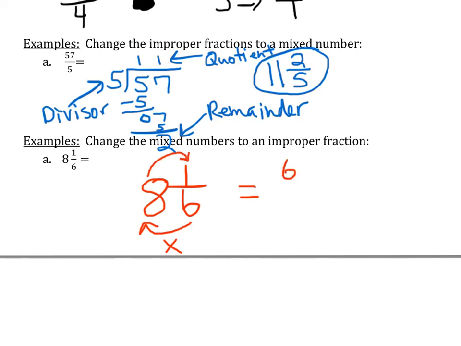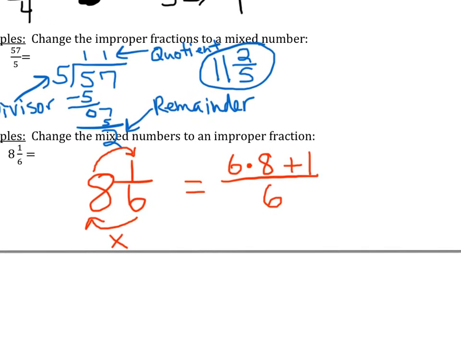So I'm going to have a 6 times 8 plus 1 all over my same divisor, my same denominator. When I simplify that, I'm going to have 48 plus 1 over 6, which is 49 over 6.